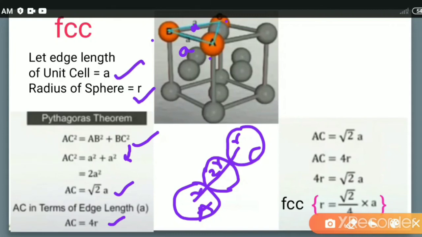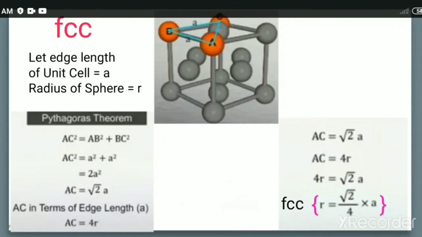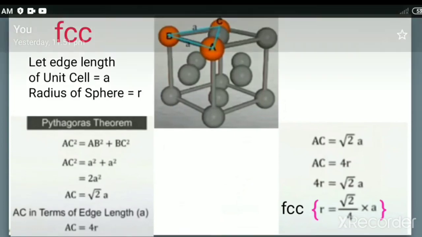Now equating these two ACs, we get 4R is equal to root 2 A. When we solve this, we get R is equal to root 2 by 4 into A. So this is the relation between the radius and the edge length in FCC.